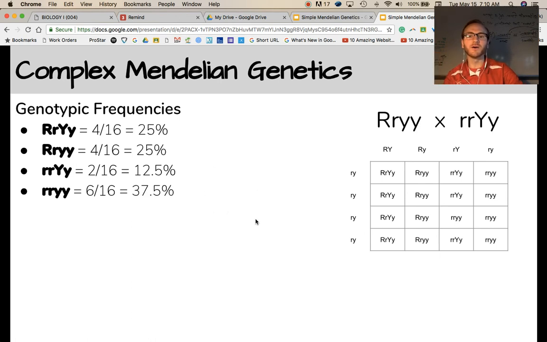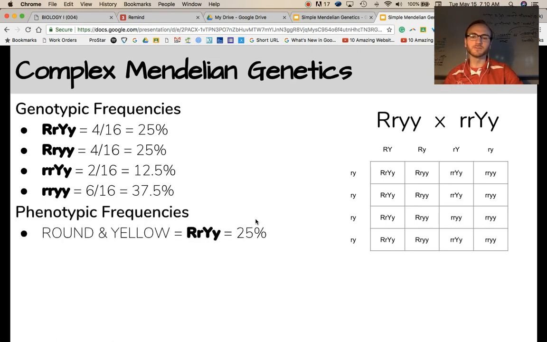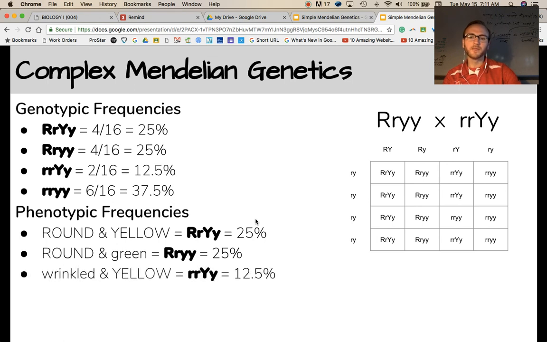And we need to convert those now into genetic expressions, or phenotypic frequencies. So if a seed is going to be both round and yellow, it has a 25% chance of being both round and yellow, a 25% chance of being both round and green, so it is dominant for shape, recessive for color, 25% chance there.